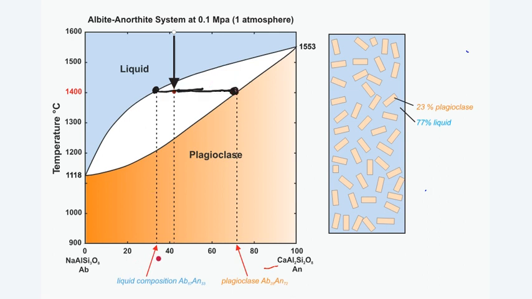So for this liquid composition, it is producing this much of solid composition. There is more albite: albite 28, anorthite 72 for the solid, and for the liquid composition, albite 67, anorthite 33.